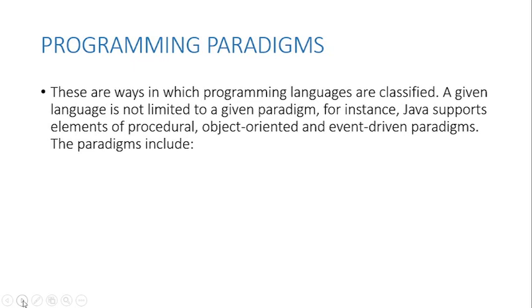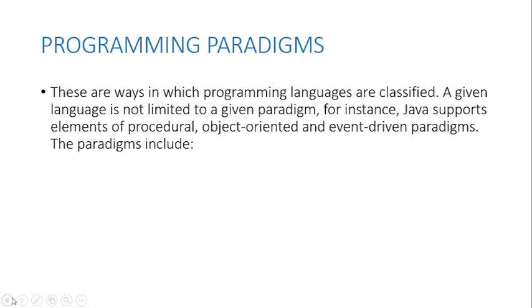We'll cover the concept of programming paradigms. What are programming paradigms? These are ways in which programming languages are classified. A given language is not limited to a given paradigm. For instance, Java supports elements of procedural, object-oriented, and event-driven paradigms.